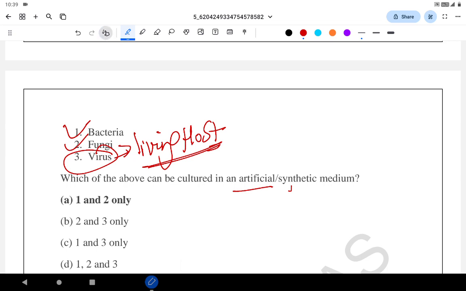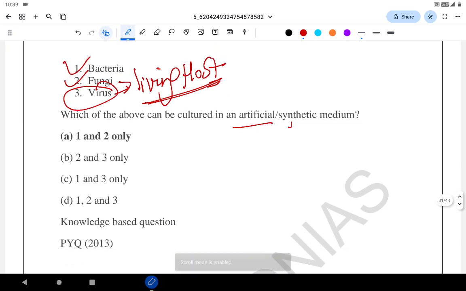This question was asked by UPSC in the PYQ in 2013. I think they asked a question regarding whether virus can be artificially cultured or not. So the answer is 1 and 2. It's a repeated question. You just eliminate 3 and you get the answer. It's a direct repetition from the PYQ.